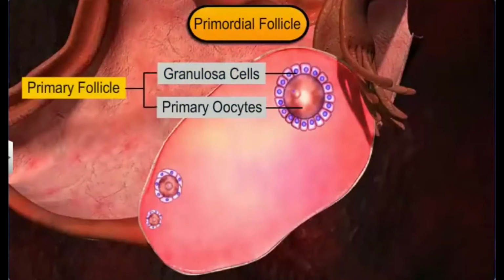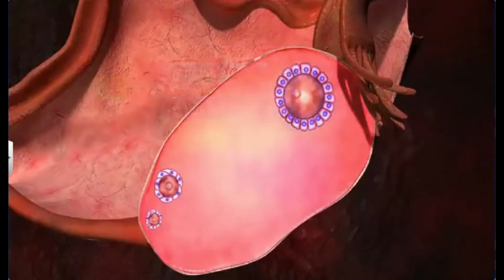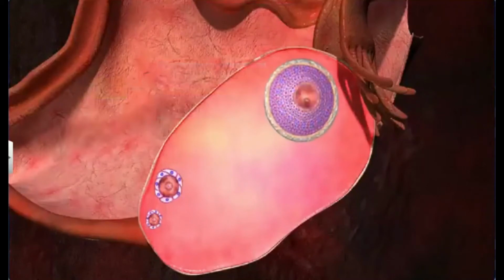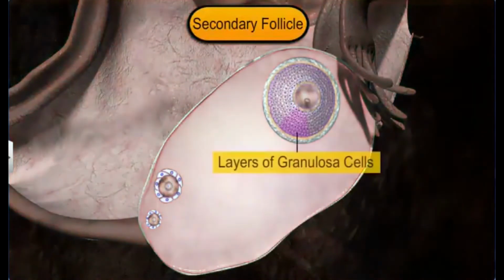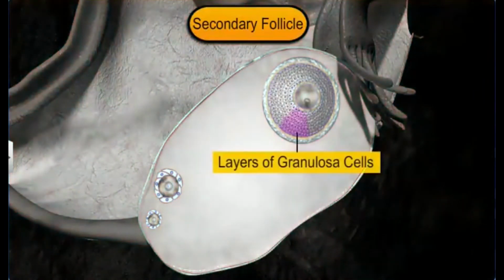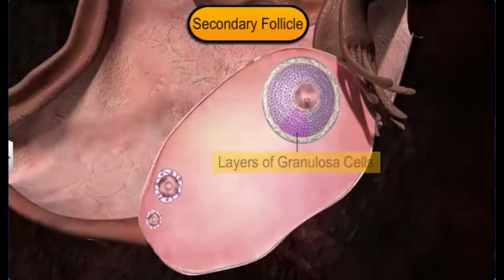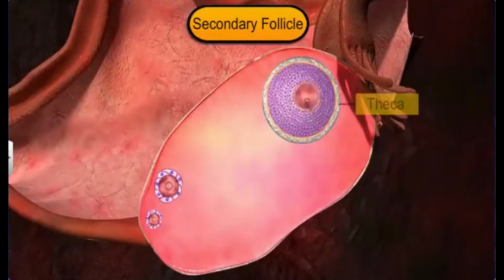The primary follicle is transformed into a secondary follicle when it enlarges and is surrounded by several layers of granulosa cells, which in turn are enveloped by a developing theca, or capsule. Later, these granulosa cells secrete estrogen, which creates the antrum, a fluid-filled cavity among the granulosa cells.